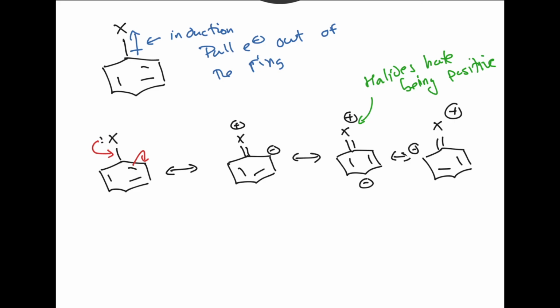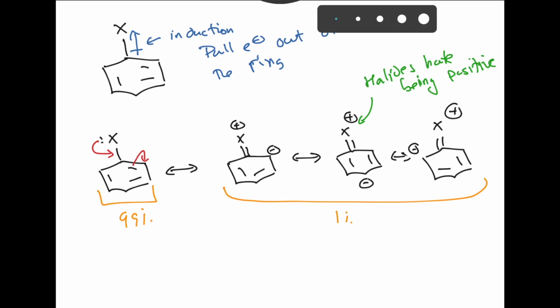So even though this resonance structure can happen, it might be a situation where it's like 99% of the time the electrons are hanging out on the halide not being shared, and then just 1% of the time those electrons are down in the ring doing stuff. These aren't real numbers, just get your head around it, right? So it's a very small contribution to the resonance of the ring is the halide giving electrons because the halide doesn't want to be positive.